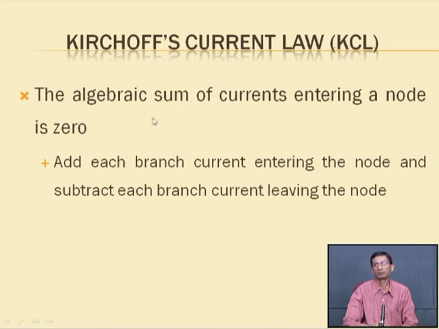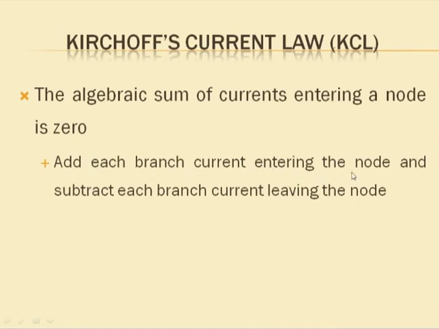Now here you can say that if we are adding each branch current entering the node and subtracting each branch current that is leaving the node, that means its algebraic summation will be equal to 0.